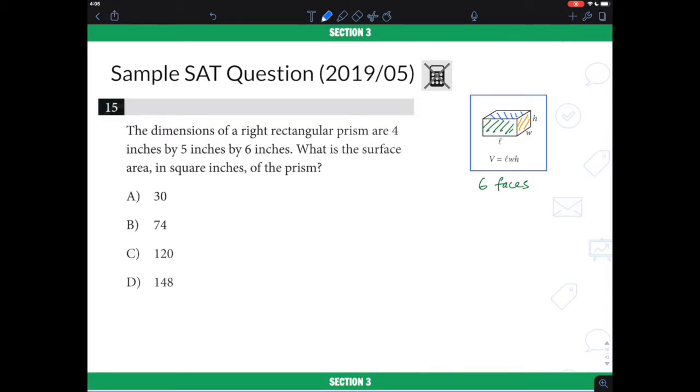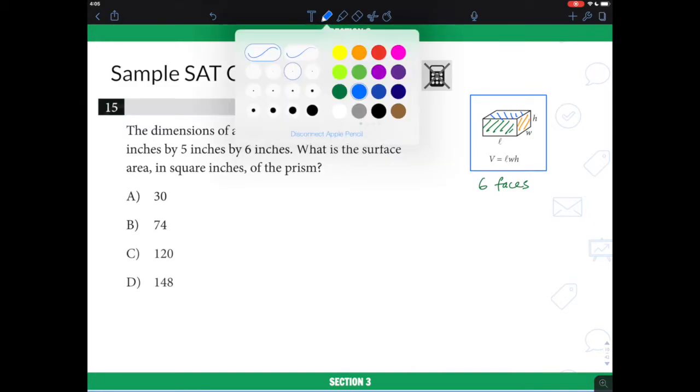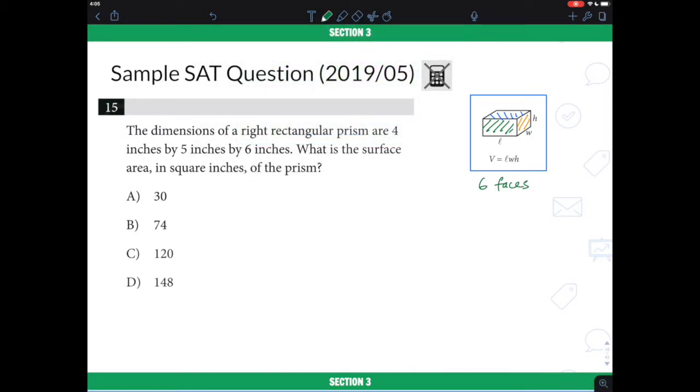I'm going to use color to show my calculation, so just be very careful. The green shaded face is going to be the length times height. It doesn't really matter which side you call the length, width, or height, as long as you are consistent.